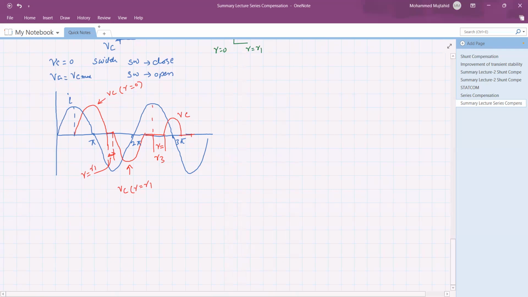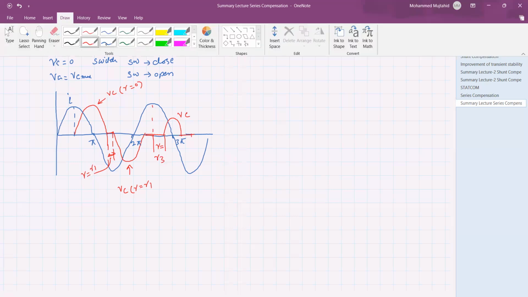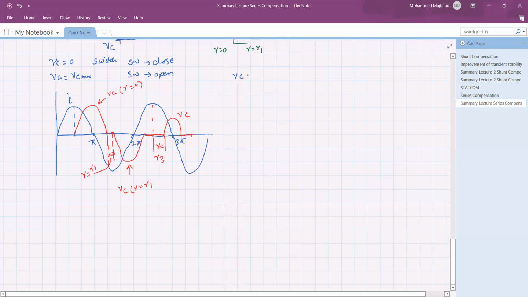Now, what is the voltage across the capacitor? Voltage across capacitor VC is equal to 1 upon C, integration from gamma up to omega t, of I dt. And finally we get, because I is maximum at this point, we are looking from this position. So I is equal to I cos omega t.